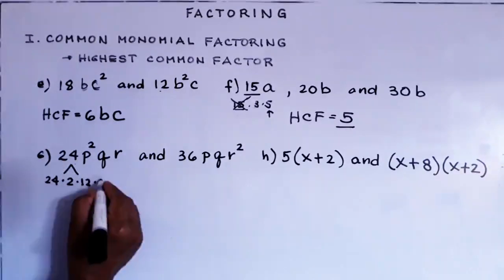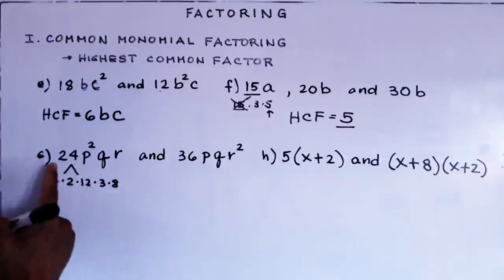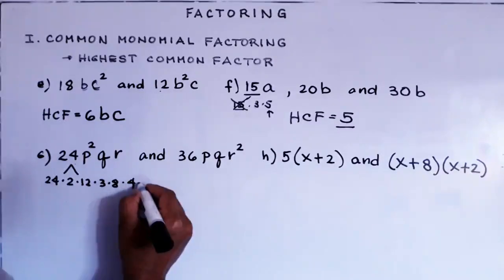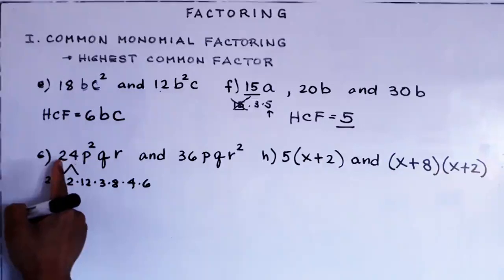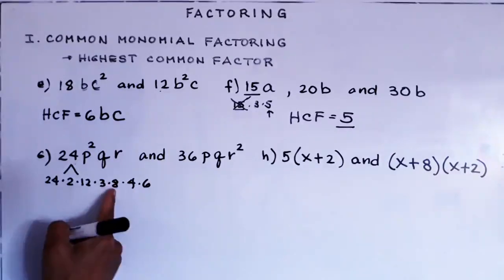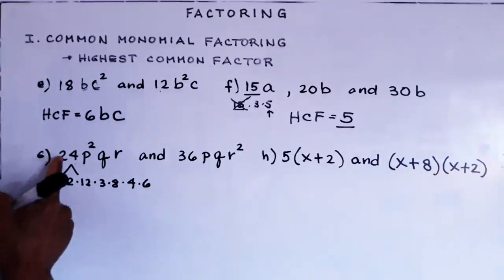After the 2 is 3. 3 times 8 is 24. 4 times 6 is 24. 5 times, no, 6 is there already. 7, no, 8 is there already. 9, no, 10, 11, 12 is here. So these are the factors of 24.